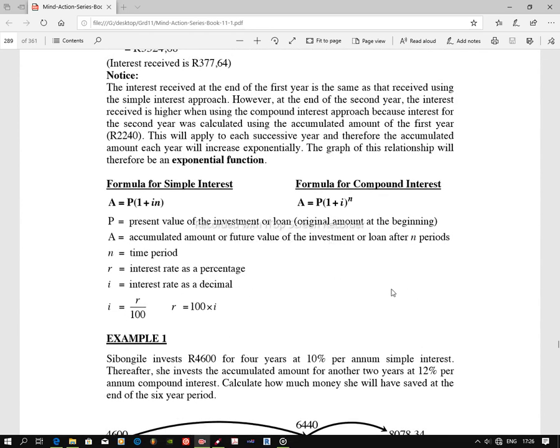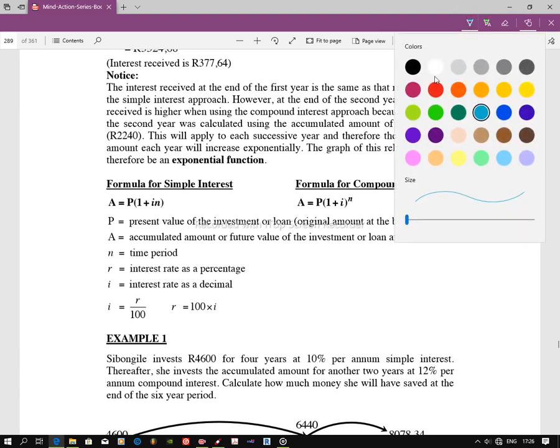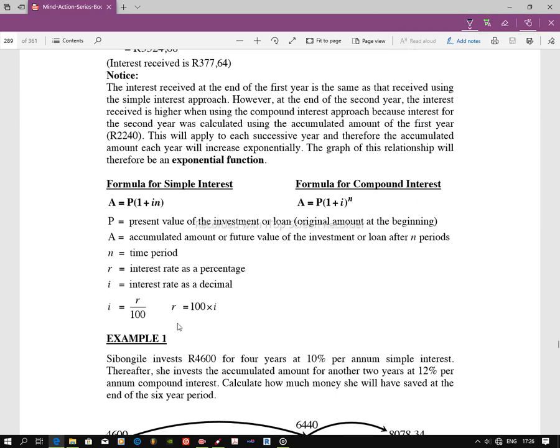Let's look at Example 1. They say Sibongile invests 4,600 for 4 years at 10% per annum, simple interest.